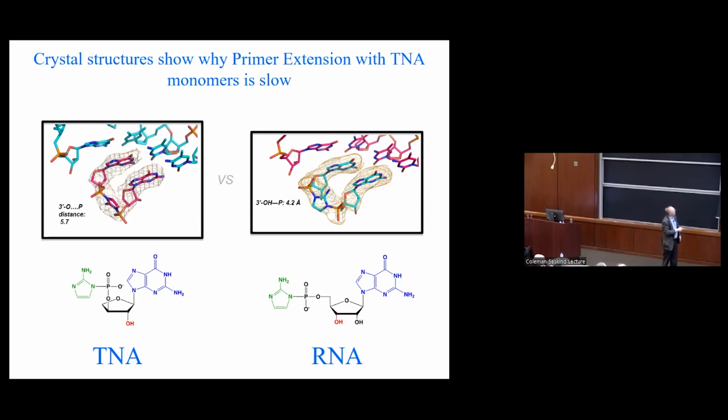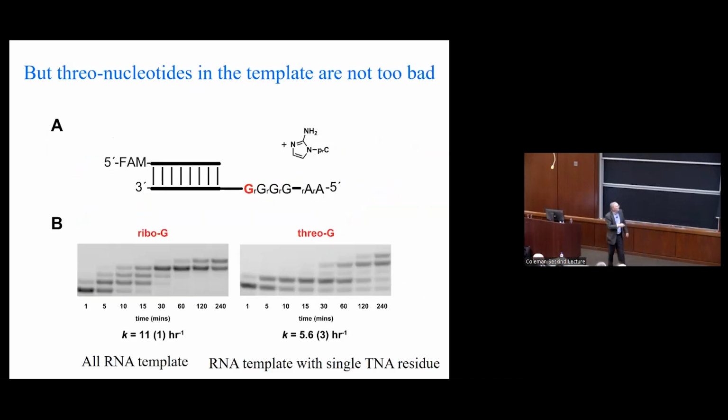And also, because the phosphate's held over the sugar, again, the hydroxyl at the end of the primer is really far away from the phosphate that it should attack. Right? And so the chemistry is much slower. Okay? All right, so here's what happens if you put a 3-O's nucleic acid nucleotide in the template. Again, you can copy over it, very little effect.